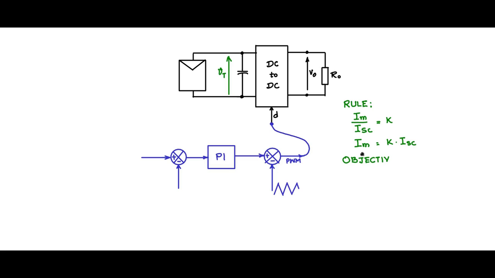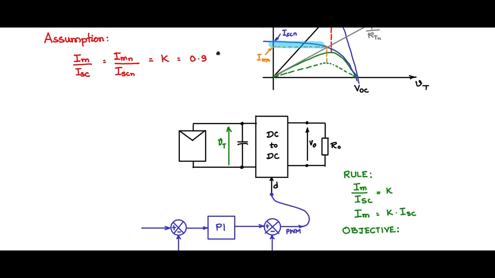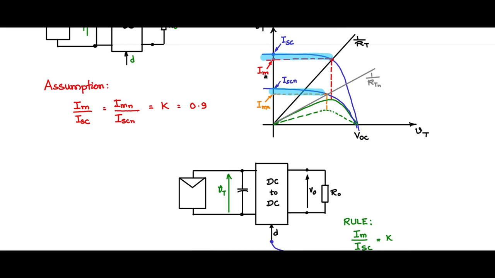What is it that we want to do? We want to see that the current flowing through the panel should be set to the Im value. For any particular given insolation, the current flowing from the panel should correspond to the Im value for that insolation.